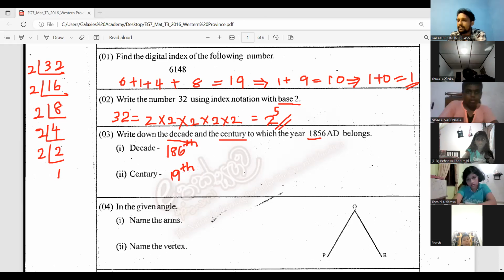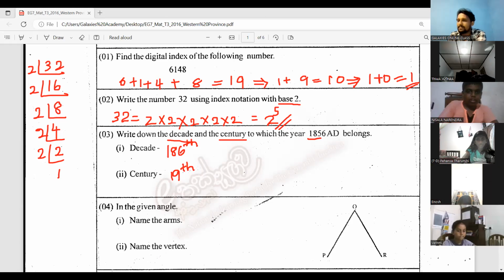First or second or third, which one? How do you find it? You have to add 1 to the first digit of the year. The first digit is 1, 1 plus 1. So what is the millennium? Second millennium.